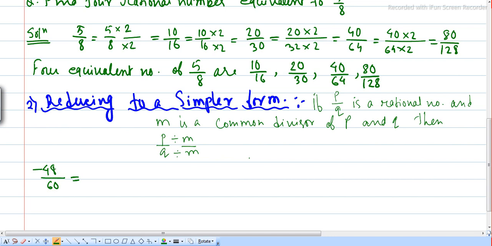You can see that both numbers are even, so one common divisor will be 2. So you can divide 48 with 2 and 60 with 2. So your answer will be minus 24 by 30. Okay.